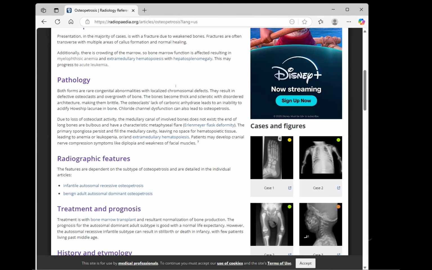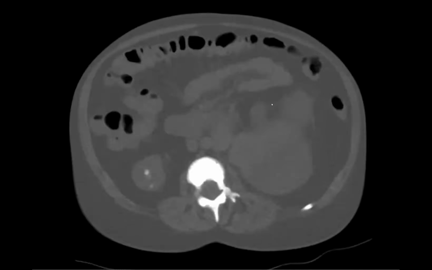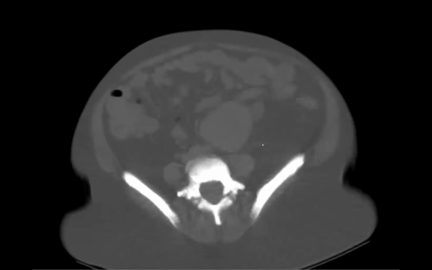They're due to chromosomal defects and defective osteoclasts, and therefore the medullary canal doesn't exist. The long bones are bulbous and have a metaphyseal flare, and basically it leaves no space for hematopoietic tissue. So it's really common to have extramedullary hematopoiesis. Another feature is that they often get a lot of fractures. So that was just osteopetrosis with extramedullary hematopoiesis.